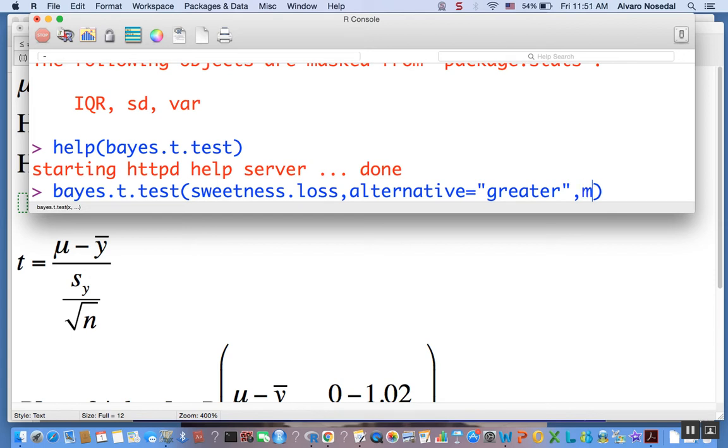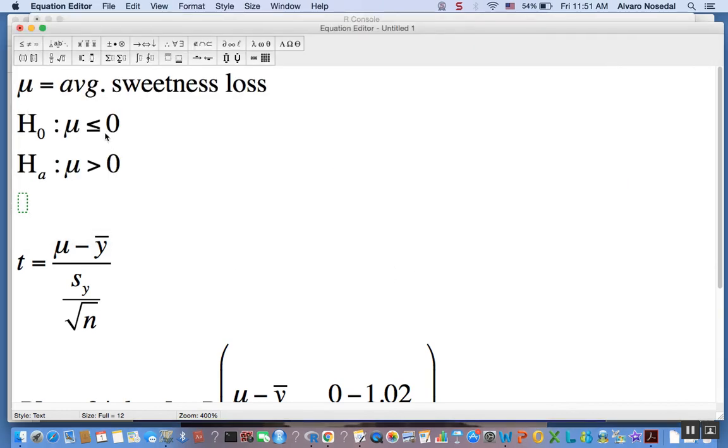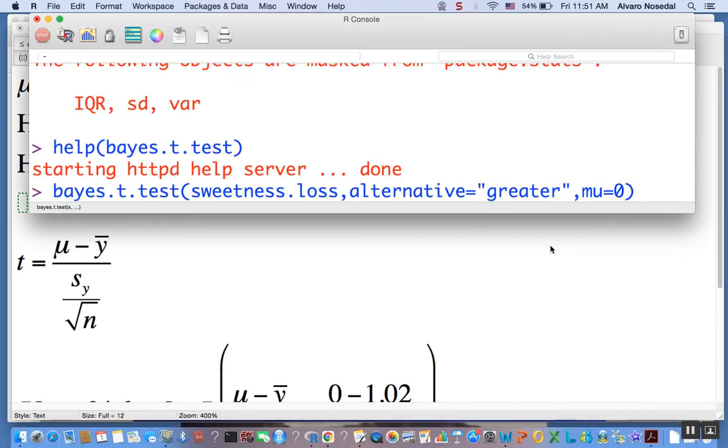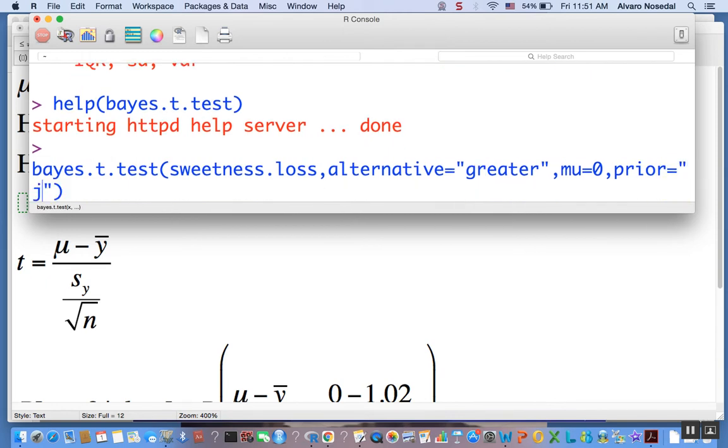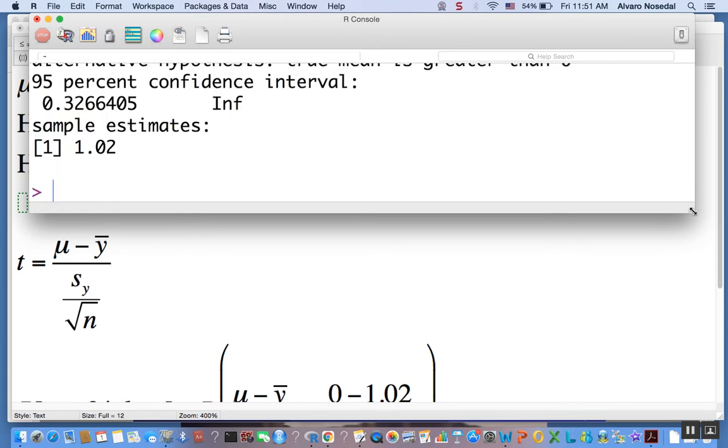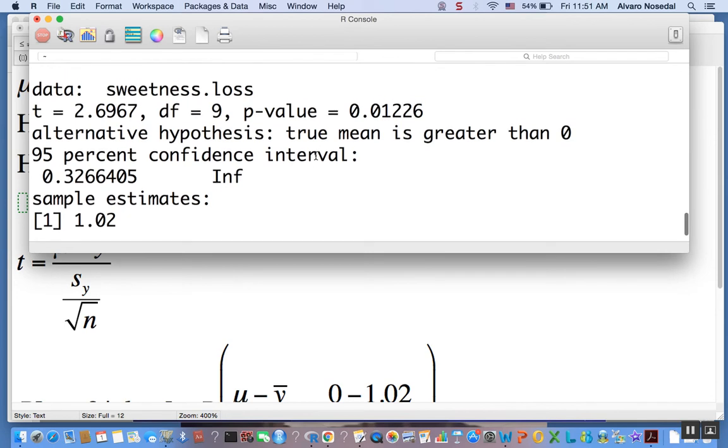We want the value for the mean that defines the null. The default is 0, but let's be super specific, mu less than or equal to 0. And then we have our prior, which is going to be Jeffrey's prior. And there we are. Let's take a look at that output.